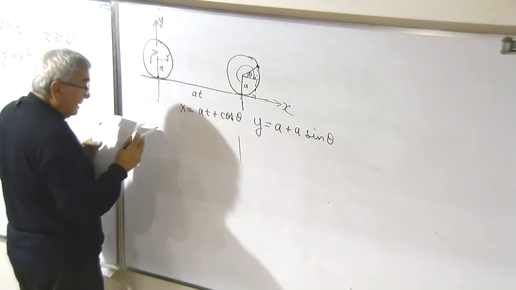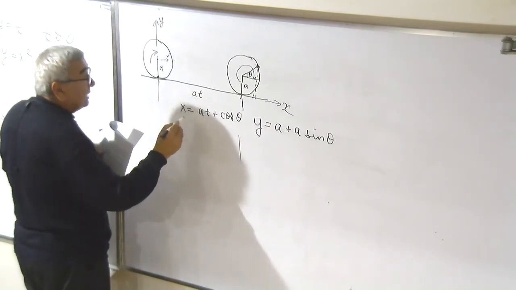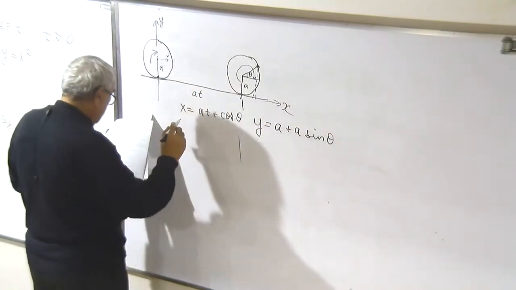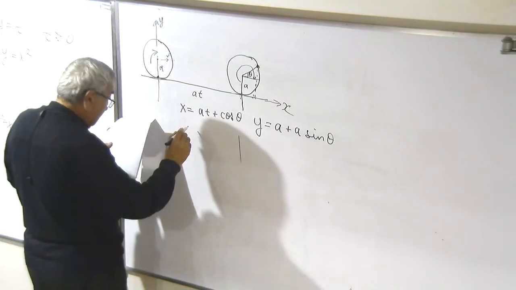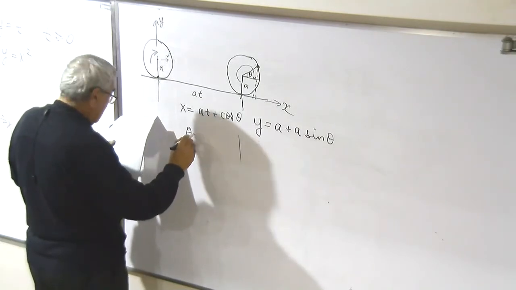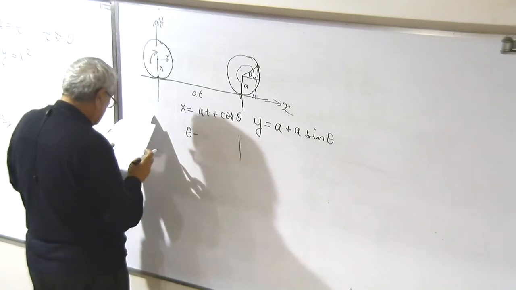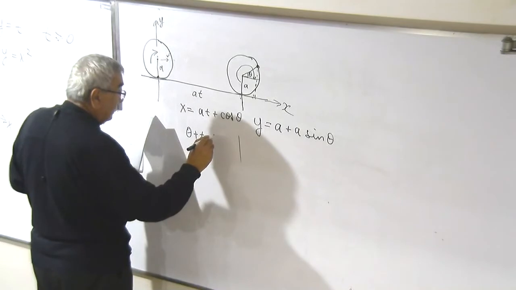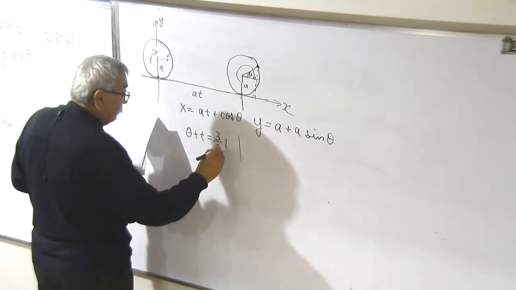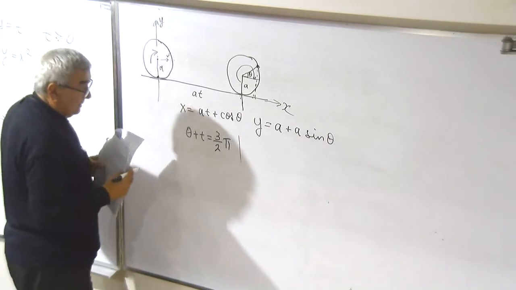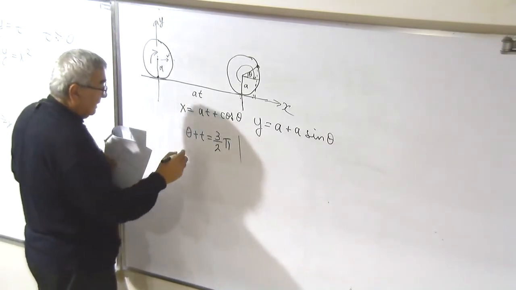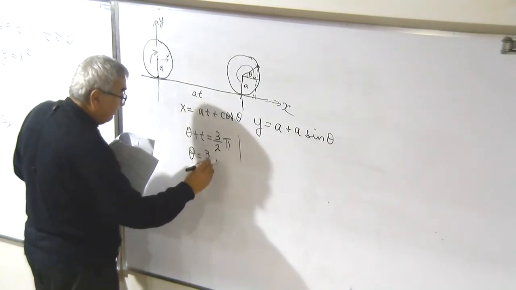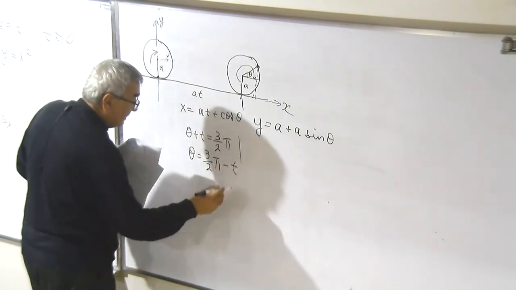So I will take that, because it is rolling with constant velocity, I can write theta plus t should be equal to 3 by 2 pi. Therefore, theta should be equal to 3 by 2 pi minus t.